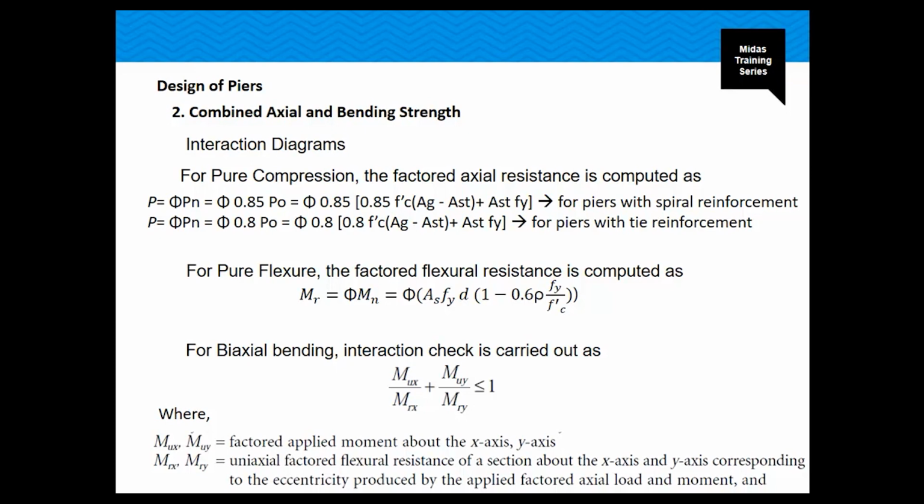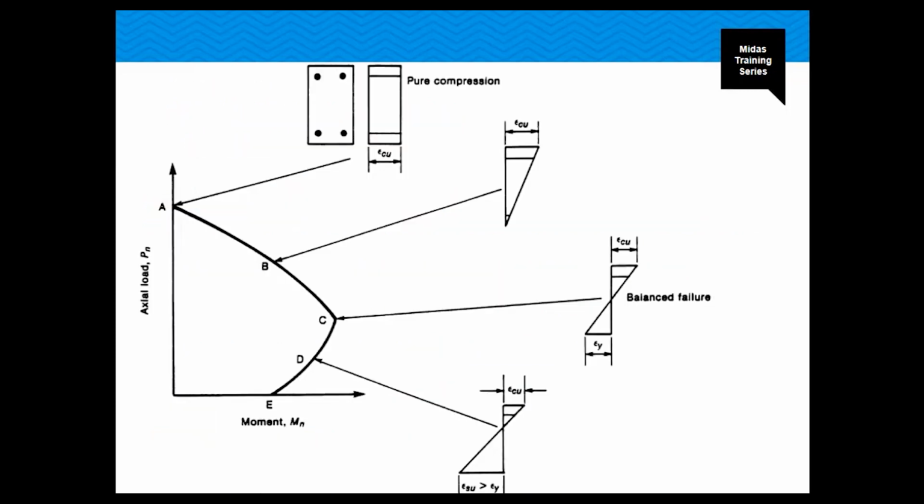They're usually created assuming a series of strain distributions and computing the corresponding P and M values. For the pure compression, we have different factors that we can use, also for the pure flexure and biaxial bending, just to give you a little background on it.